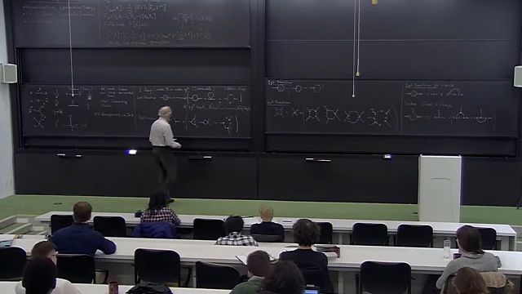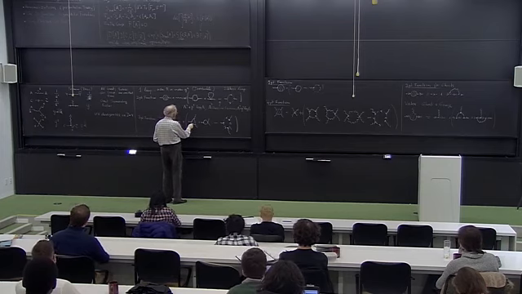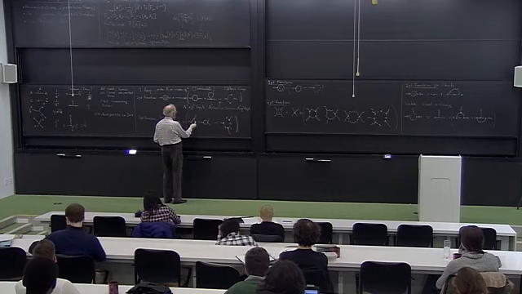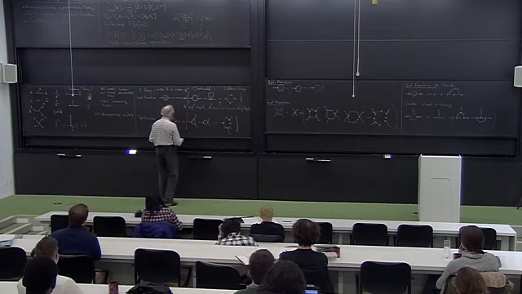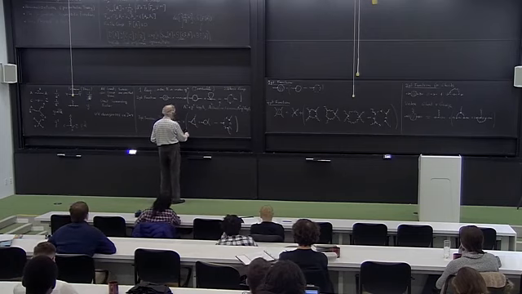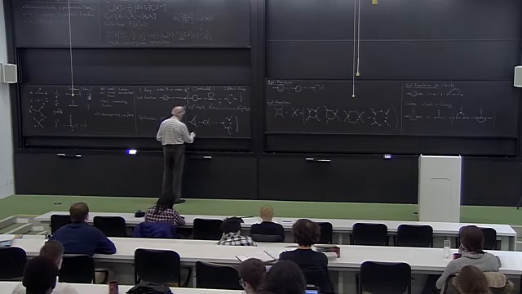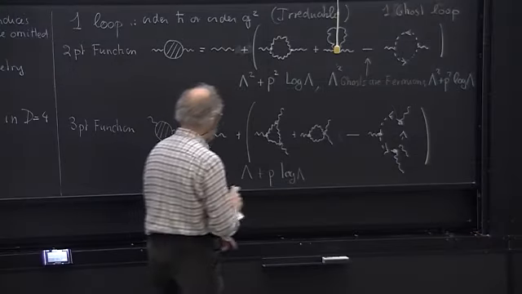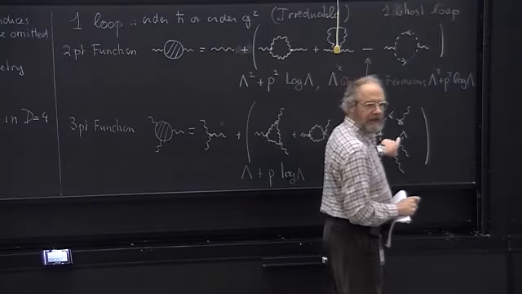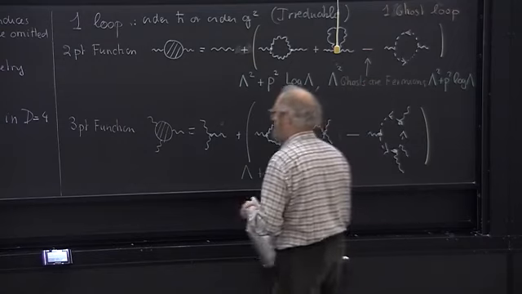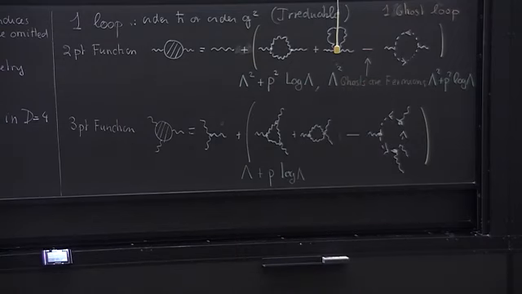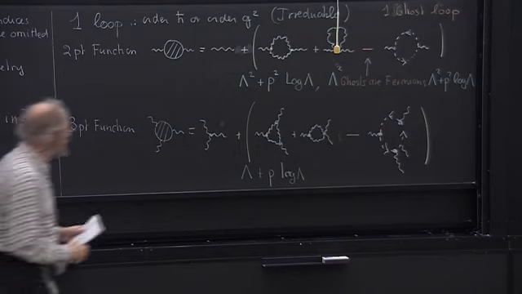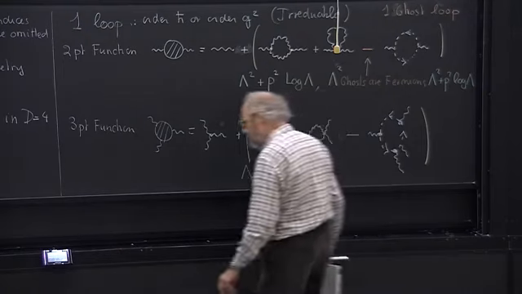Here, this is the same thing. You have a 1 over k squared, 1 over k squared, 1 over k squared, but you may have a k, k, k. So this could diverge like lambda, plus some momentum times log lambda. Okay? The same here, and the same here. So that's quite bad.